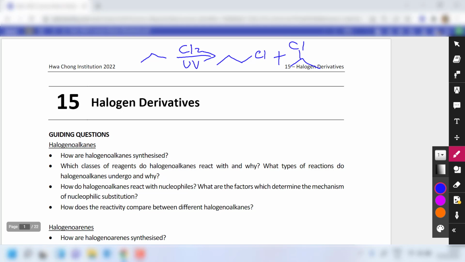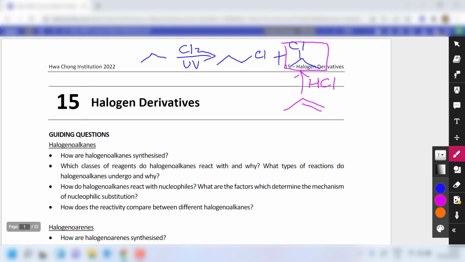Then after alkanes, you learned about alkenes. In alkenes, you learned a mechanism known as electrophilic addition. If I'm going to give you an example to get 2-chloropropane, what we can do is add HCl gas to propene.